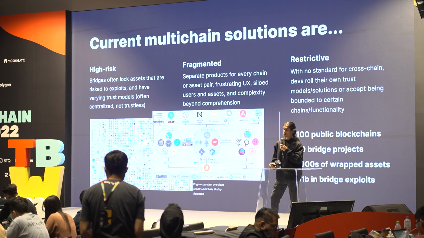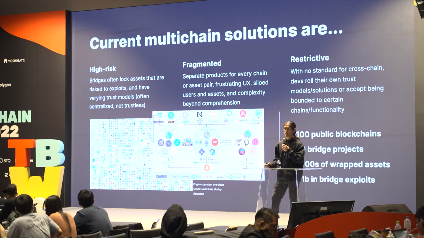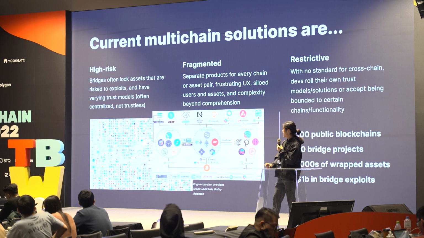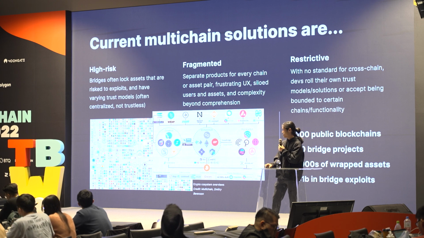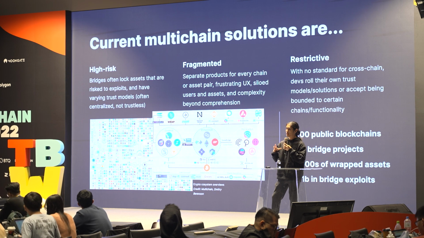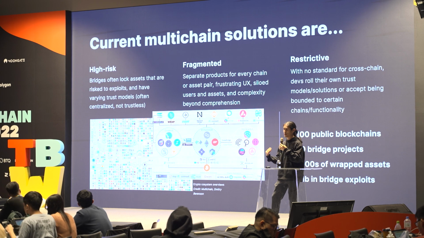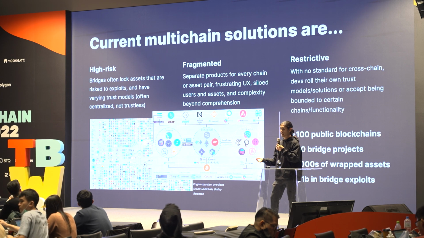And when you look at that set of tooling, what the ecosystem has tended towards is this high-risk, fragmented, and restrictive pattern. So first, a lot of the classic bridging solutions, even those more decentralized approaches, adopt this wrapping and vault structure. Say you wanted to build a bridge from Ethereum to Solana.